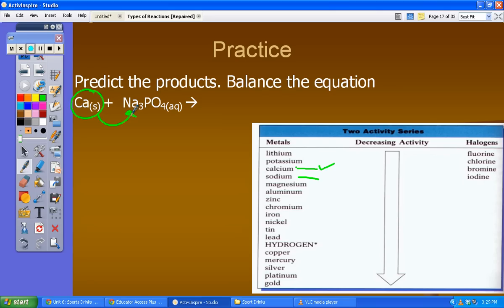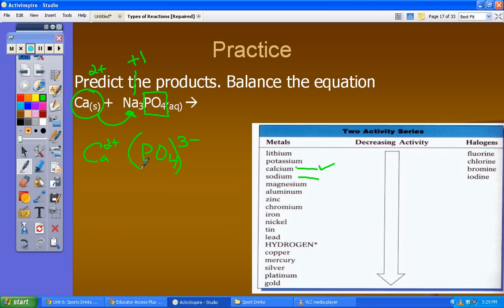Calcium's ion is 2+, whereas sodium's ion is only a +1. So that's going to change our formulas a little bit. Calcium, being a 2+, interacts with this phosphate, PO4. Phosphate is 3-. Make sure to put parentheses around this.